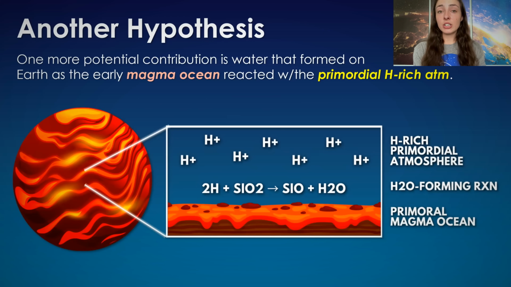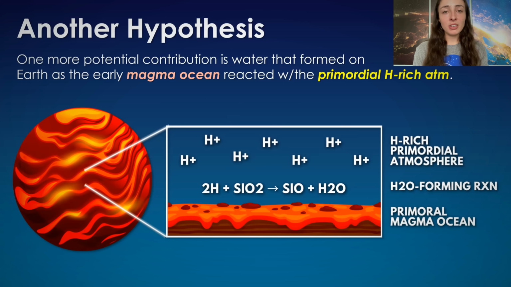So in this scenario, it's not necessary that hydrated phases accreted to form Earth, or that hydrated phases migrated inward into the rocky planet region and then dehydrated and the water adsorbed onto grains that accreted Earth, or that water was transported from the asteroid belt. In fact, this scenario requires no delivery of water whatsoever, but rather just the interaction of the silicate magma ocean with hydrogen in the atmosphere.